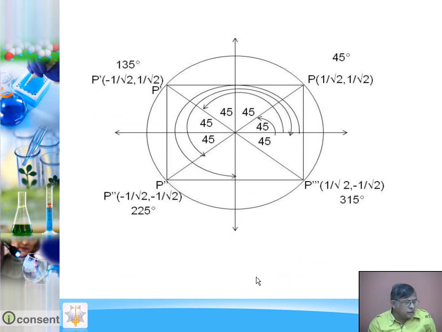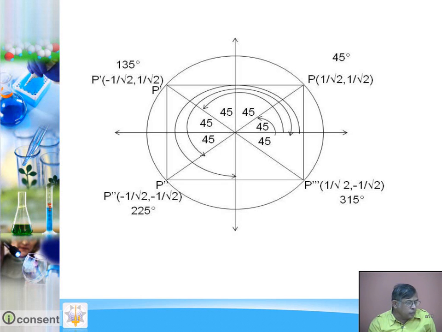Now here this angle is 45. So this is 1 upon root 2 and this is 1 upon root 2. Now minus 1 upon root 2, 1 upon root 2, and these coordinates we can find out. So using this 45, this angle is 45, then this angle is 90 plus 45, that is 135.